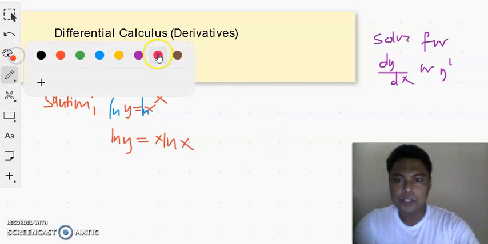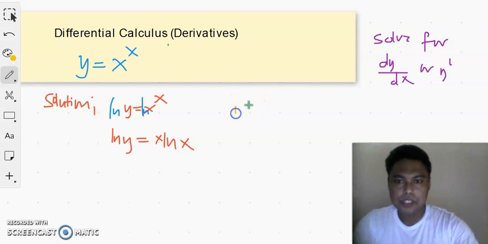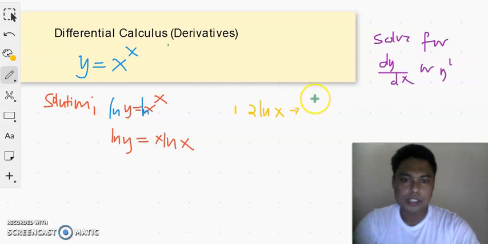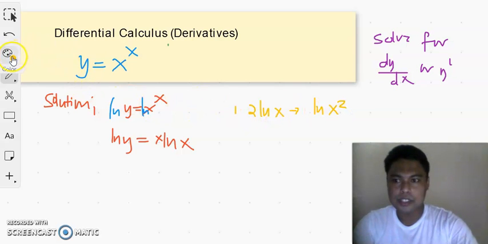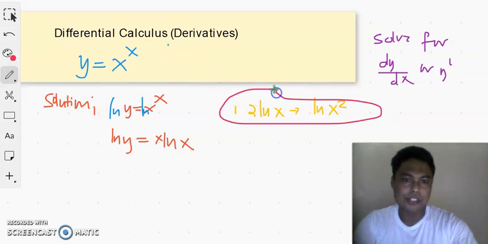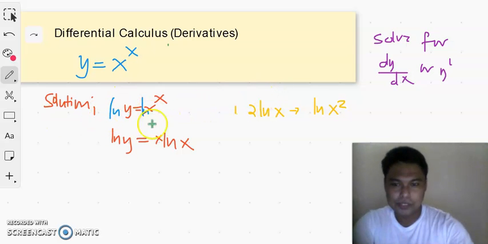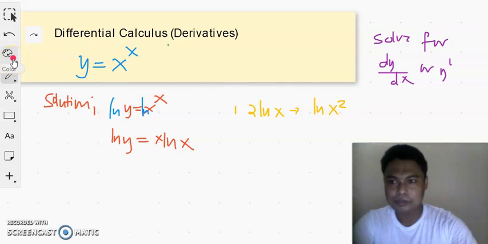Do you remember the properties of logarithm? If we have 2 ln x, we can rewrite this as ln x squared. So this is the property for the logarithm.